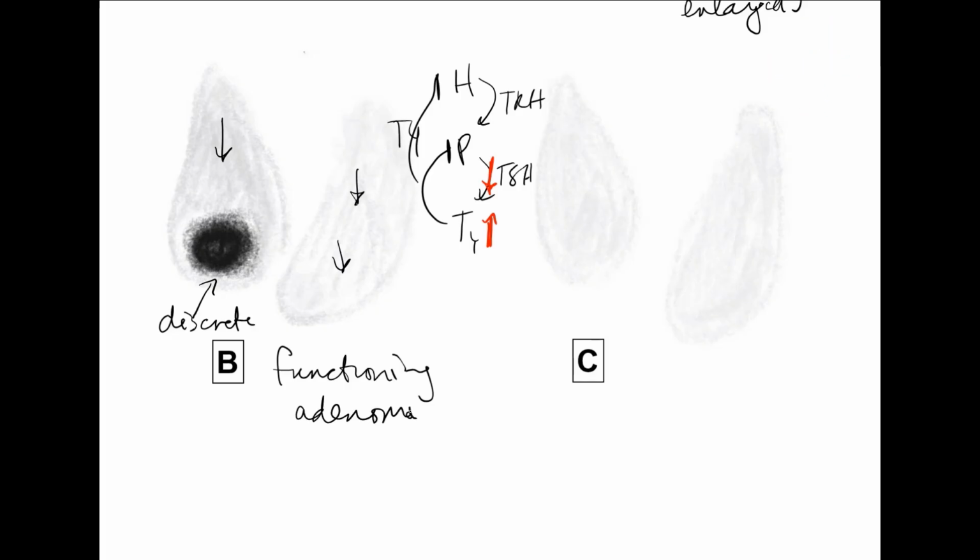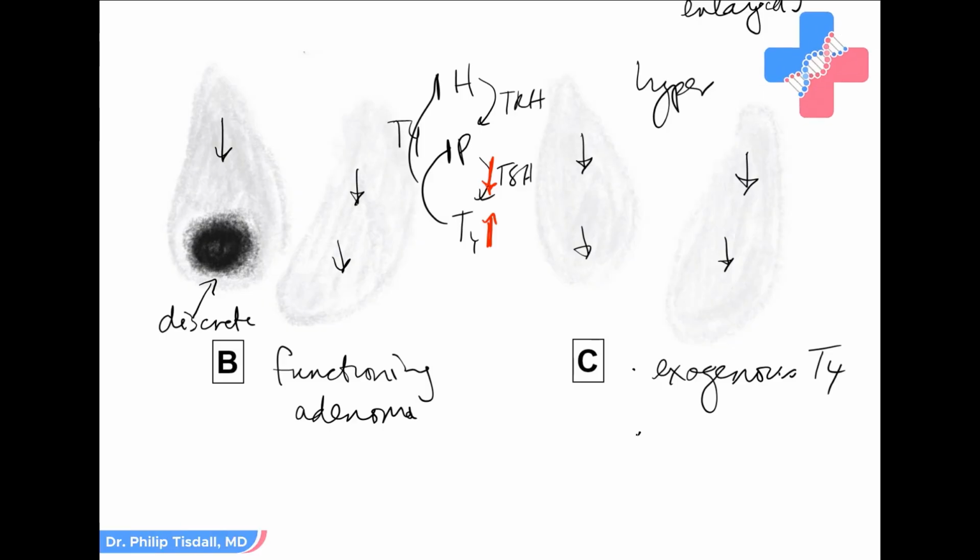When we look at C, we can see that the whole gland is non-functioning. But remember, this is a hyper patient, and so there are two situations that can do this. One is if the patient is taking exogenous thyroid hormone, such as a child getting into the mother's Synthroid. The other cause of this can be Hashimoto's thyroiditis.